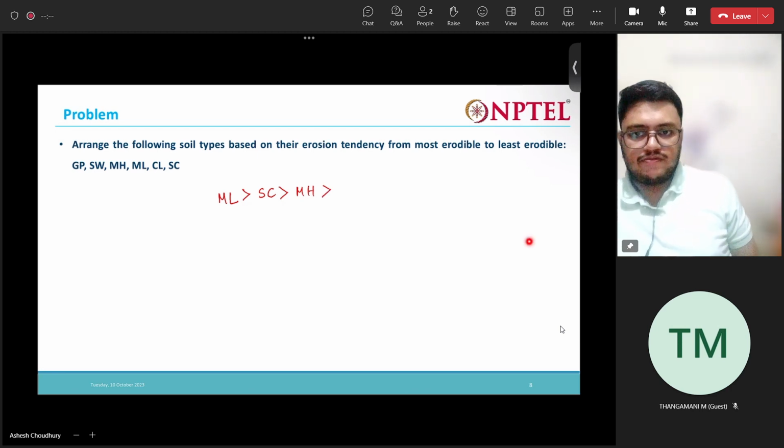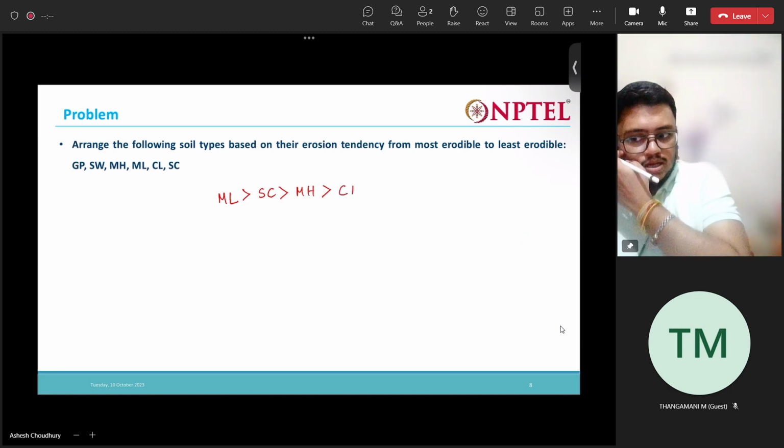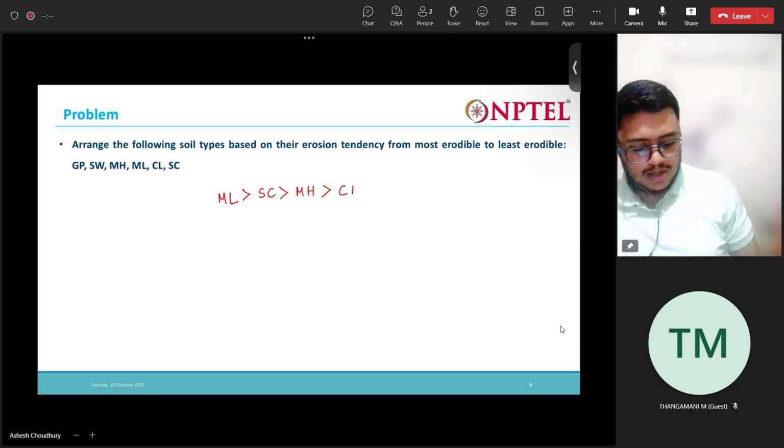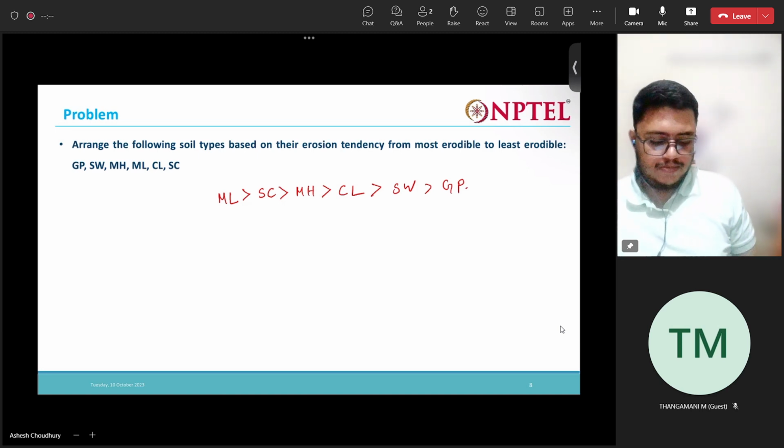After MH, we have CL, that is low plastic clay. Then we have SW, and last we have poorly graded gravel.